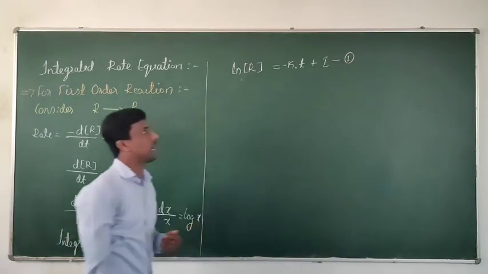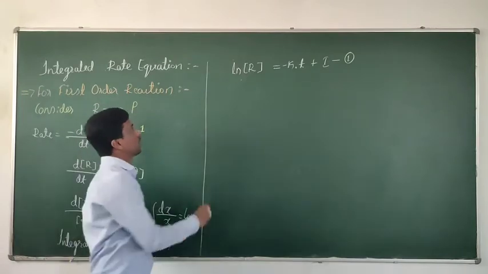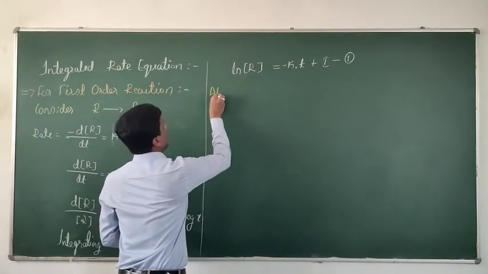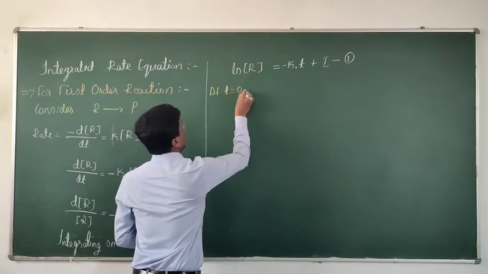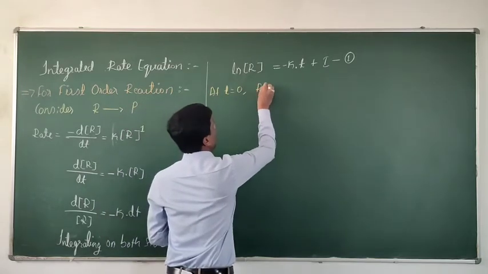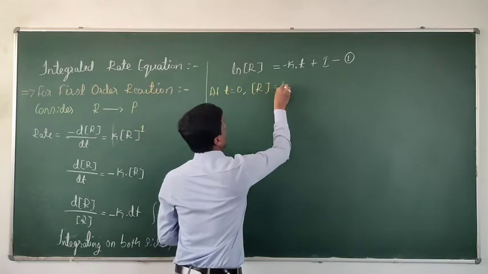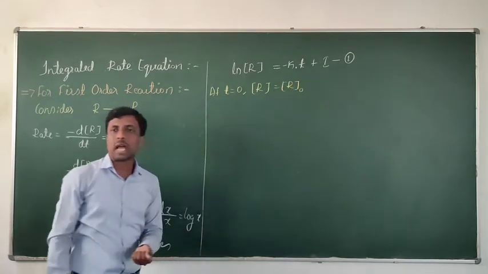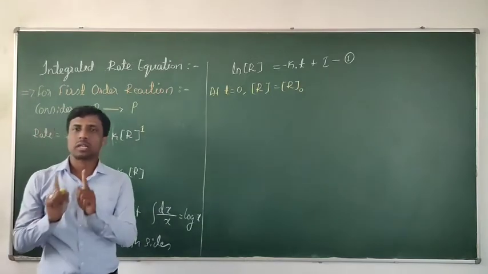Now again take the same condition: at t is equal to 0, R is equal to R naught. What is R naught? The initial concentration of the reactant.